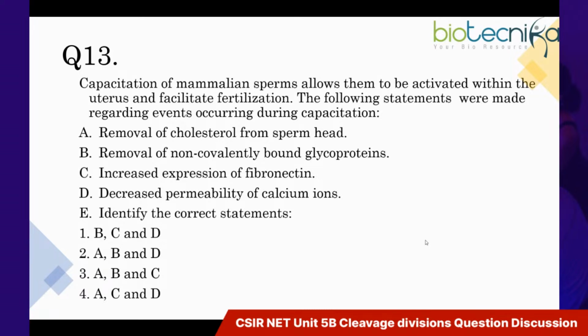This is about capacitation. Capacitation of mammalian sperm allows them to be activated within the uterus and facilitates fertilization. The following statements were made regarding events during capacitation: one, removal of cholesterol; two, removal of non-covalently bound glycoprotein; three, induced expression of fibronectin; and four, decreased permeability of calcium ion. Which of these will be correct? So any one will not be correct.